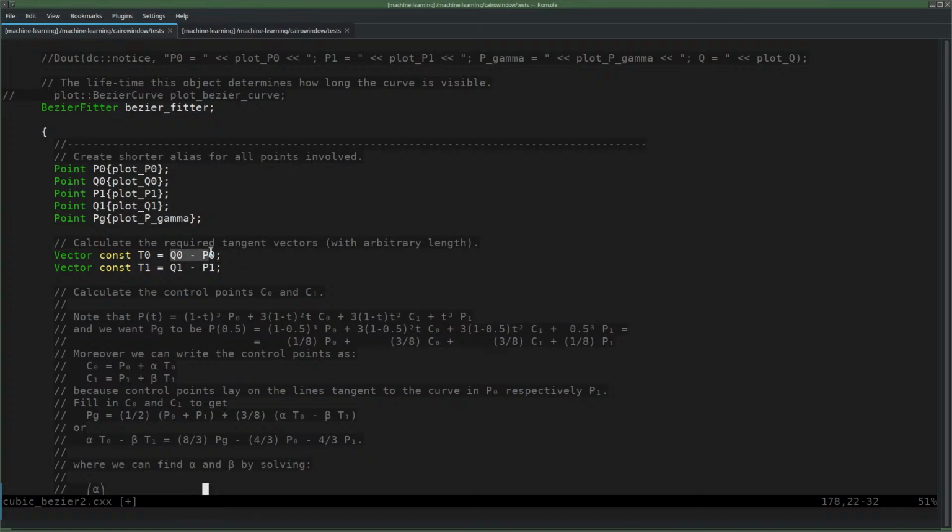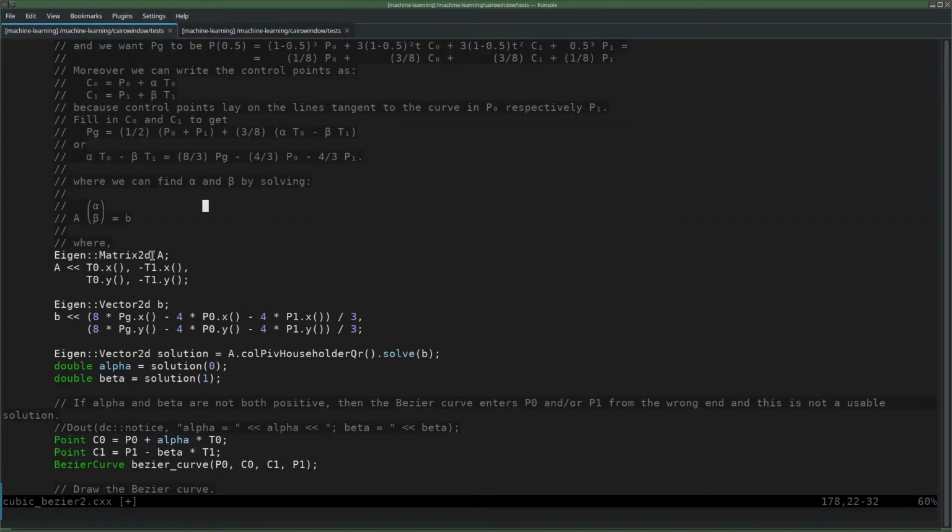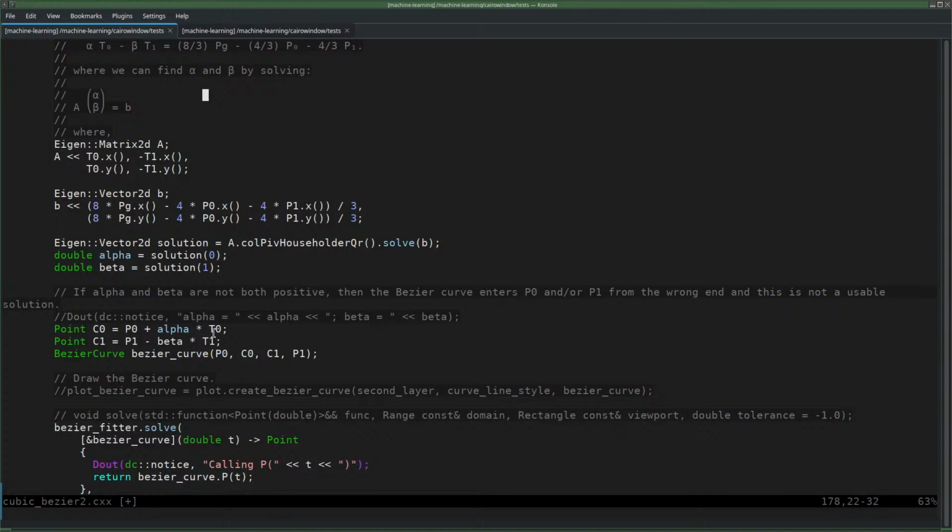I just take this with an arbitrary value, which then has an influence on alpha in a way that after multiplying it again with t0, it simply becomes the offset for c0. And the sign of alpha and beta doesn't change because you have to check that they are both positive. So this is totally going to work.